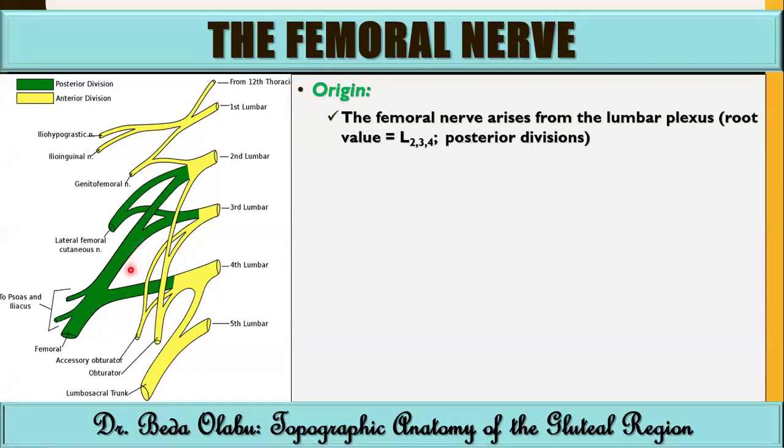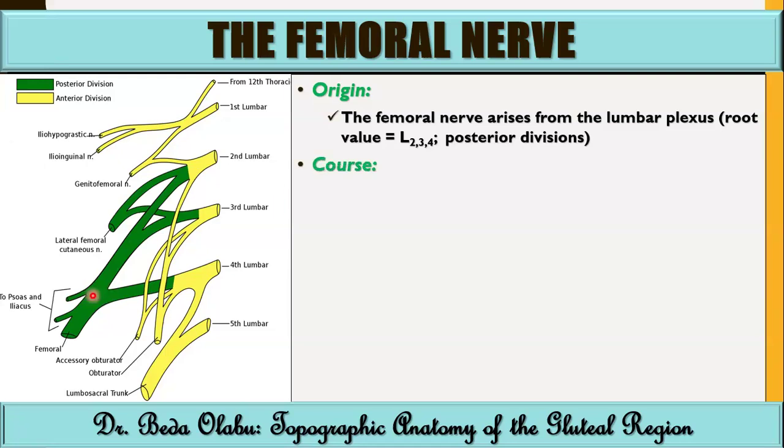So the femoral nerve is the posterior division of segments L2, 3, and 4, while the obturator nerve will be the anterior divisions of segments, again L2, 3, and 4. Now we are following the green nerve there.